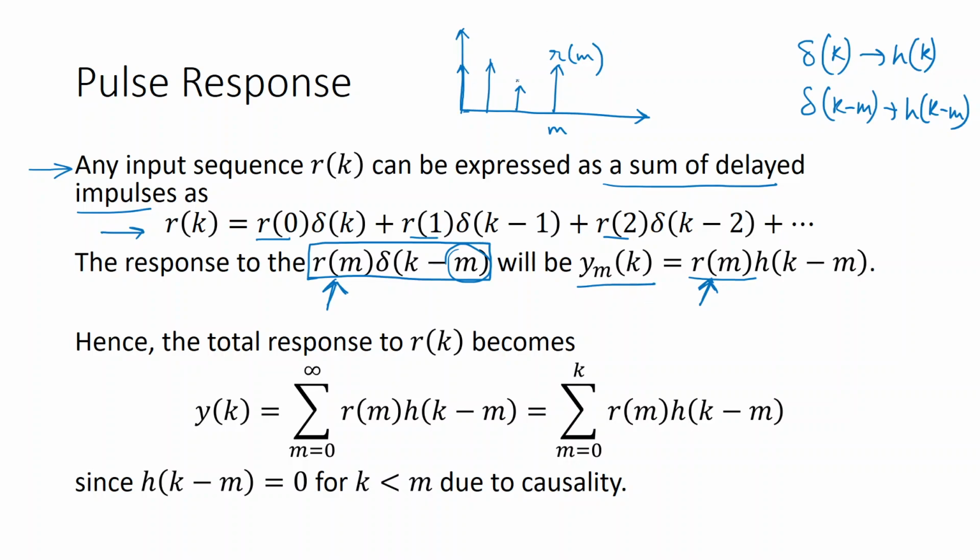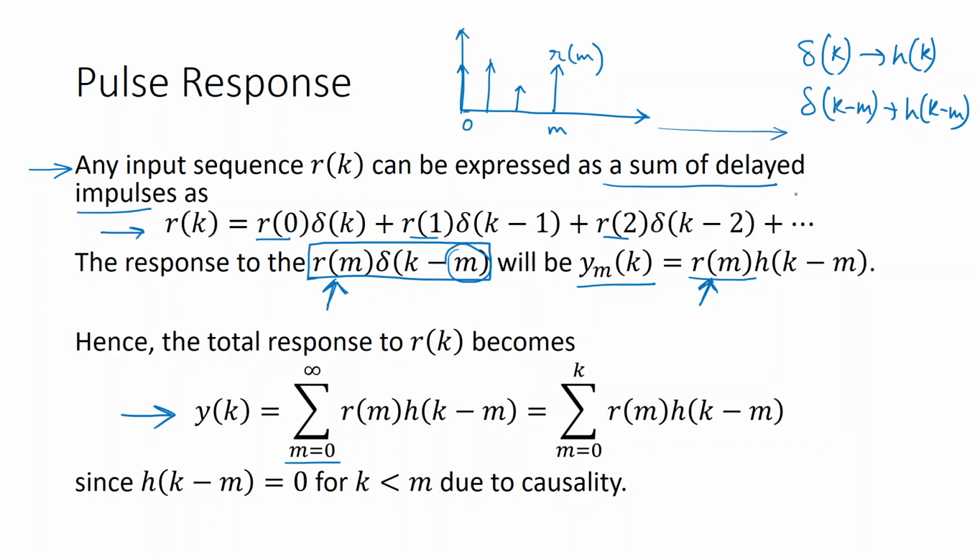Now since this is a linear system, we know the output for each of these inputs. So the output due to the total input will be equal to the summation of these outputs. So yk, the output sequence, will be the summation of Rm hk minus m, from m equals 0 to infinity.